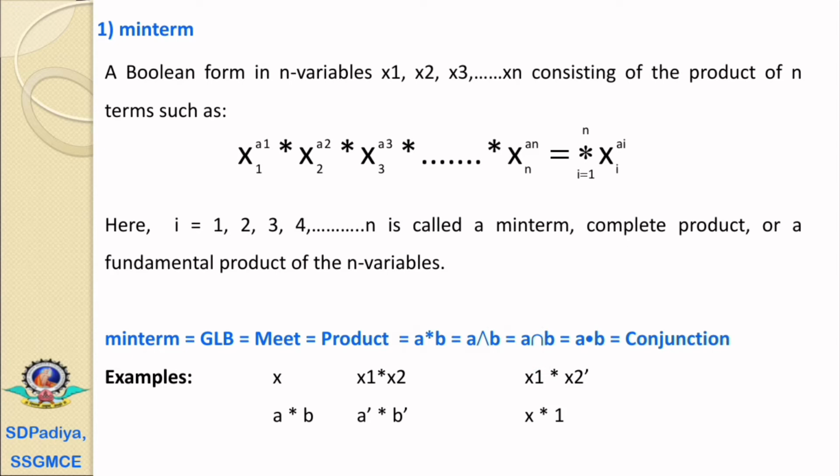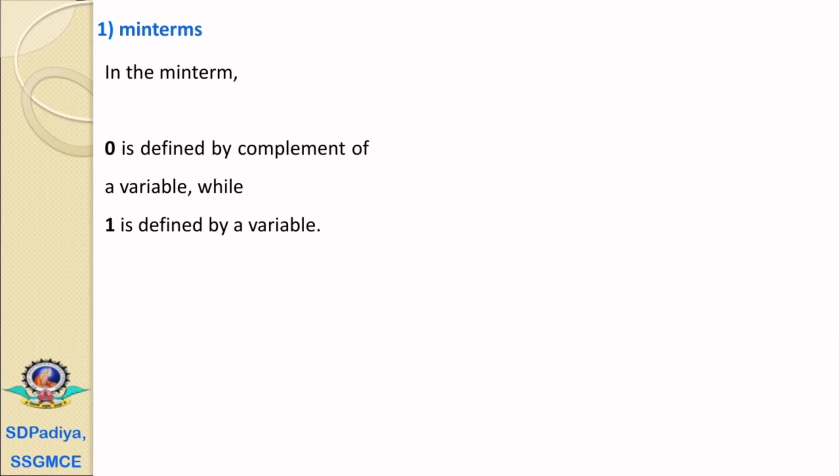All these are examples of elementary product terms, that is, min terms. In a min term, 0 is defined by the complement of a variable, and 1 is defined by the variable itself.